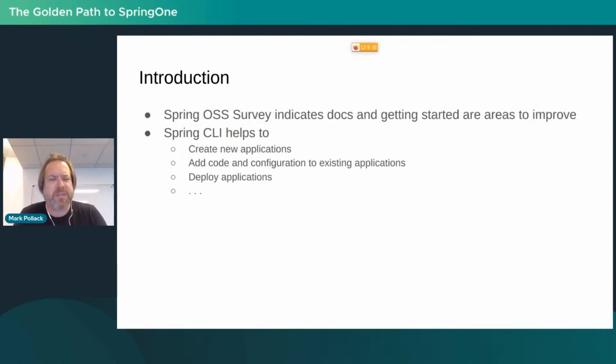The CLI focuses on a few main use cases: creating new applications, adding code and configuration to existing applications, which is really where I think the majority of time spent using this tool will be, and then deploying applications. And the way applications get deployed is really the general mechanism by which you can invoke other CLIs to help you achieve the goal.